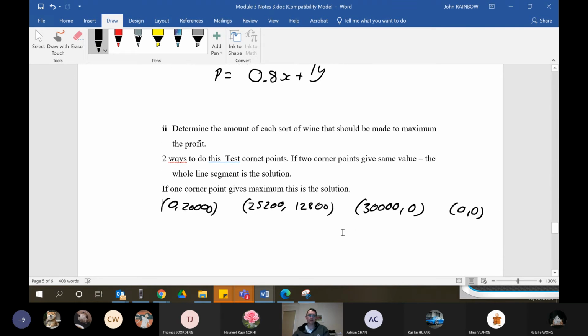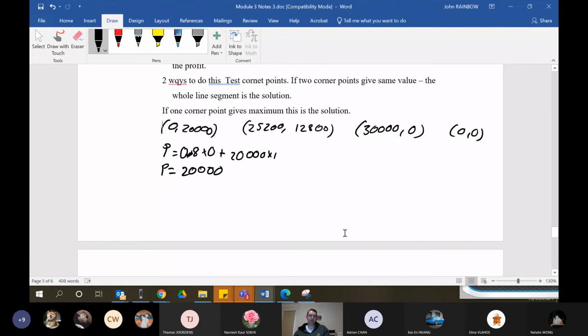Let's look at the profit for each of these. So my profit for the first one would equal, I sold none of my barbecue. That'd be 0.8 times none of those, plus I sold 20,000. I can make 20,000 litres and sold of my red velvet. So that's just 20,000 times 1. So my profit for the first one would be $20,000. Okay, so that's for that one.